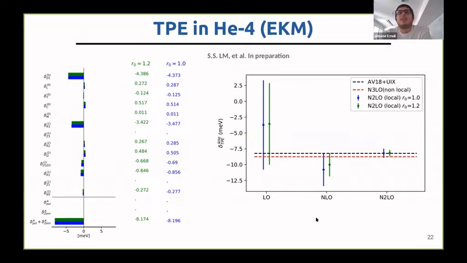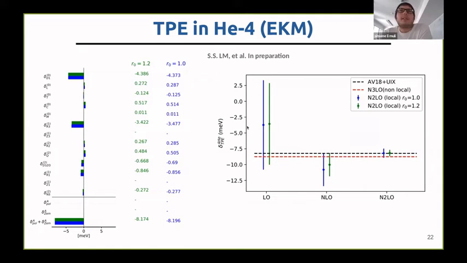And on the right-hand side of the slide, you can see the convergence pattern for this observable as we increase the order of the chiral expansion. The horizontal dashed lines are the previous results by Chen Ji and Sonia Bacca. And in general, I found an excellent agreement with them using this new interaction.